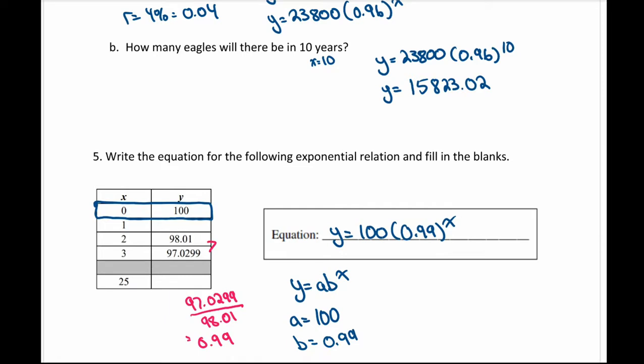And I can use that equation now to find my missing values by plugging in the x value into the equation and solving for y. So for example, for the next one, y equals 100 times 0.99 to the power of 1. We get y equals 99. And for the second missing blank, y equals 100 times 0.99 to the power of 25.